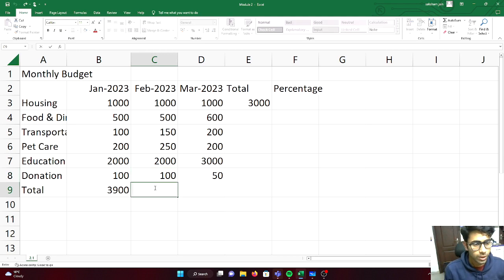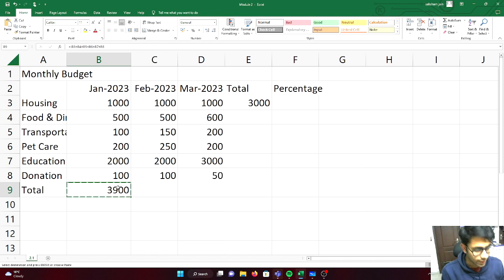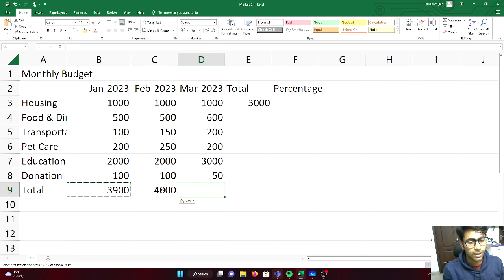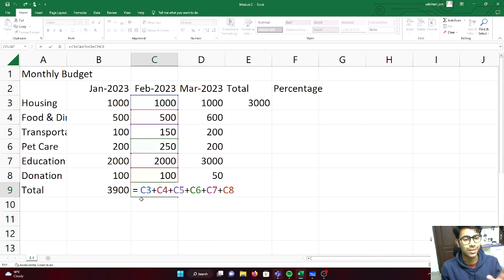So I'm going to copy this by pressing Ctrl+C, and then Ctrl+V on this cell in order to paste it. Here you can see that I'm getting 4000, and if I double click it, we can see C3 plus C4 plus C5 plus C6 plus C7 plus C8.